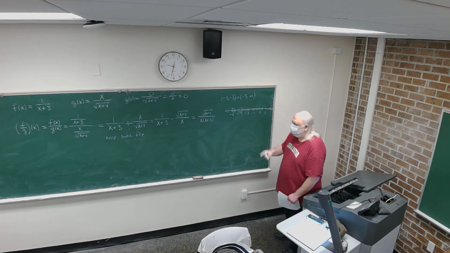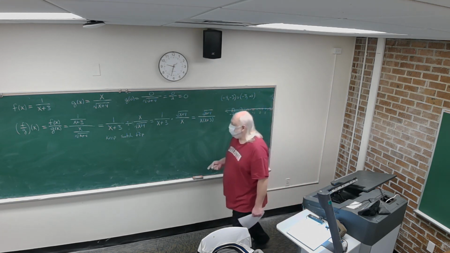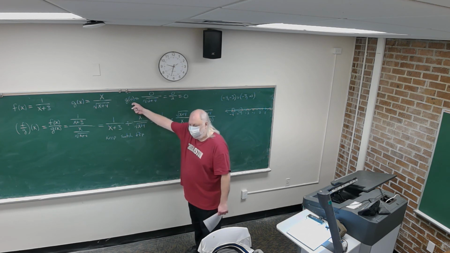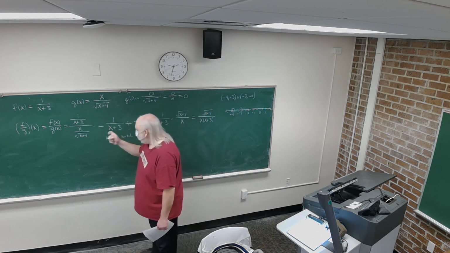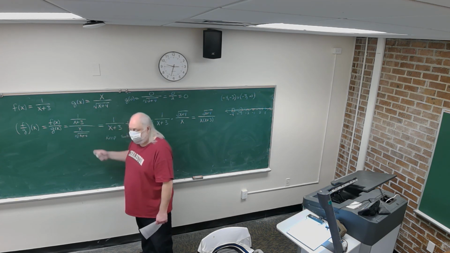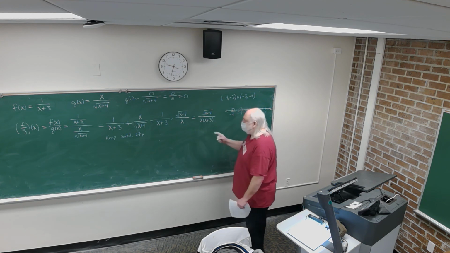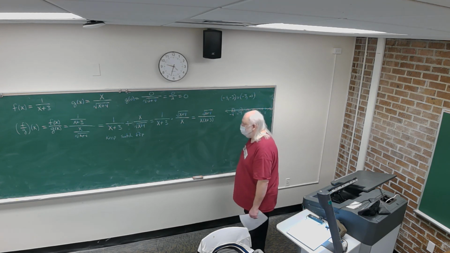Well, in f over g of x, this new function can't have x equal 0. Because if x equals 0, we have g of 0 is equal to 0, and you can't divide by 0. Division by 0 is undefined. So x can't equal 0 in this new function.